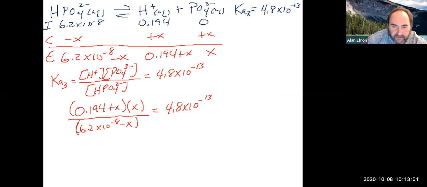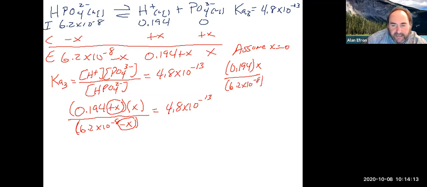Might as well continue our assumption here since we've been good so far. We're going to assume X is equal to 0. Again, it's the X's that we're adding to, or subtracting from, a number. That will give us 0.194 times X divided by 6.2 times 10 to the minus 8, equaling 4.8 times 10 to the minus 13.